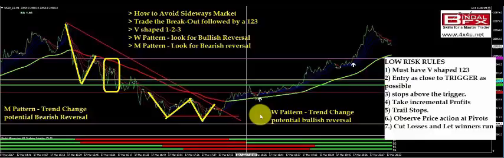The key here is your entry must be as close to the trigger line as possible, and the Bindal momentum bars must be bullish. I'm looking for at least 2 of the bars minimum to be bullish for longs, and at least 2 of them to be bearish for shorts. Obviously, the more the better.